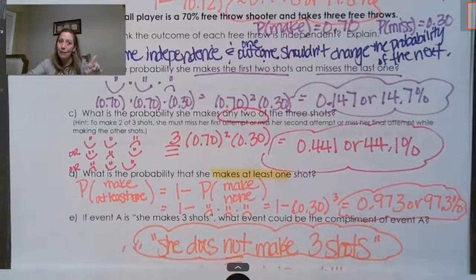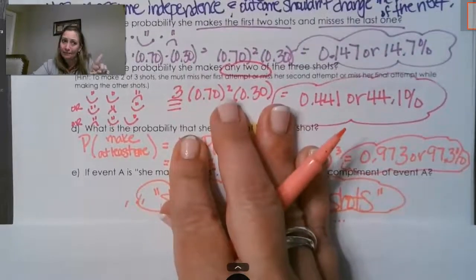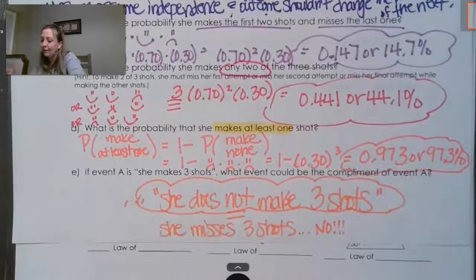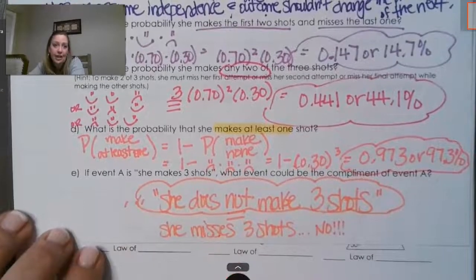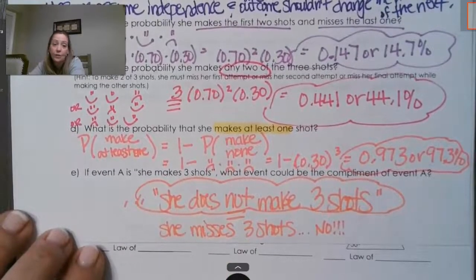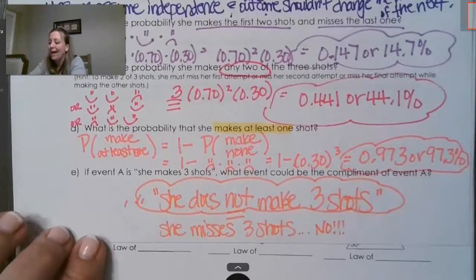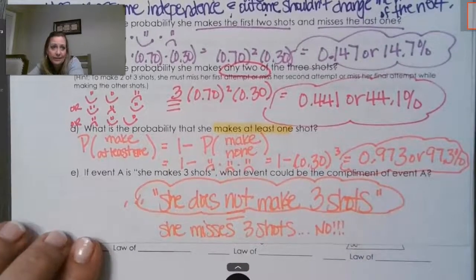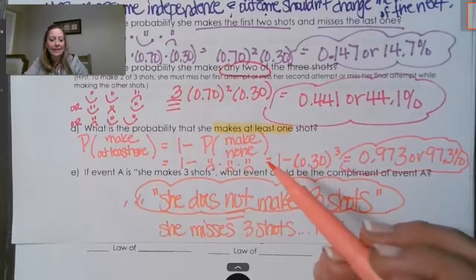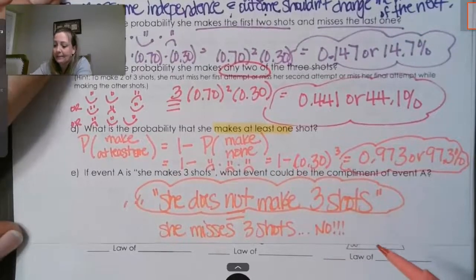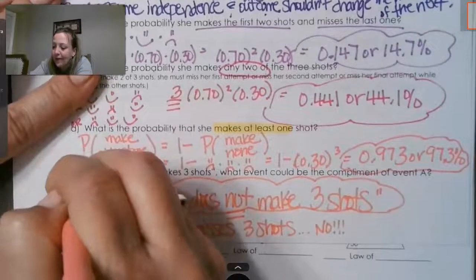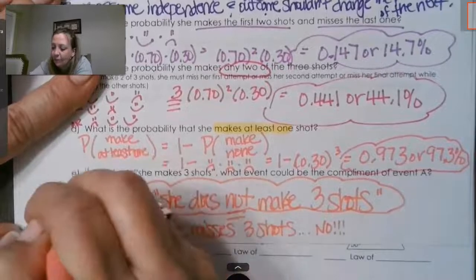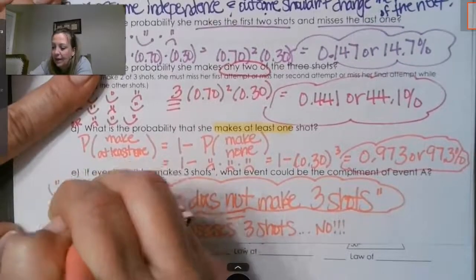Now let me show you a popular wrong answer because I don't want you to give it, okay? I see a lot of, oh, she misses 3 shots. Those are not complements. I know that make and miss are complements, but making 3 shots and missing 3 shots are not complements. Think about it. We have make, make, make and miss, miss, miss.